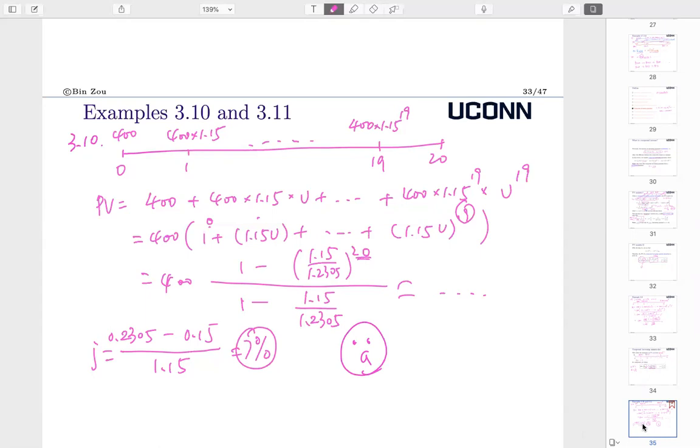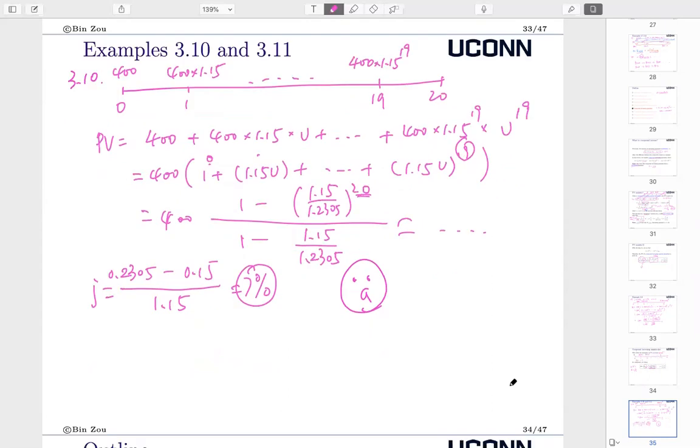Example 3.11 is easy because now they want you to calculate the accumulated value. Once you know PV, AV is nothing but PV times 1.2305 raised to the power of 20. AV is always at the end of your annuity.